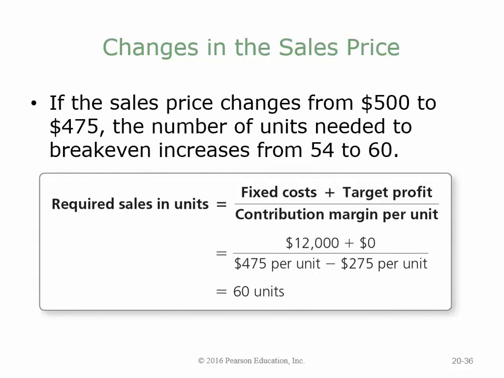If the sales price changes from 500 to 475, the number of units needed to break even would do what? So it's not that hard really, because all you do, we're looking for break even, so we have our fixed costs plus our target profit, which is 0 on the break even. And then we change this from 500 per unit down to 475 minus our variable cost, and rerun it.